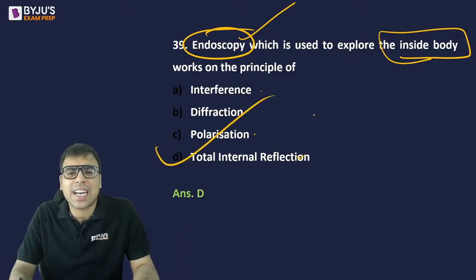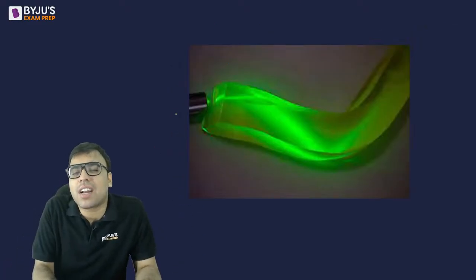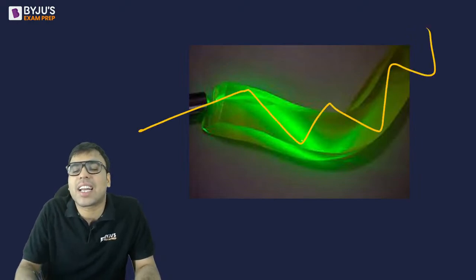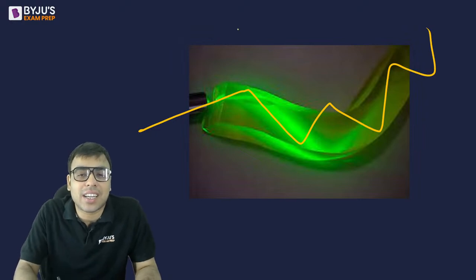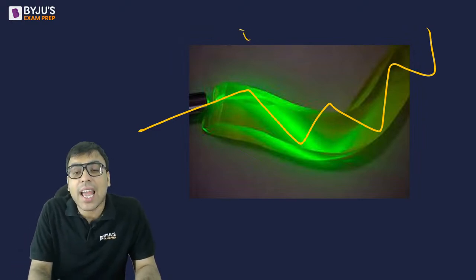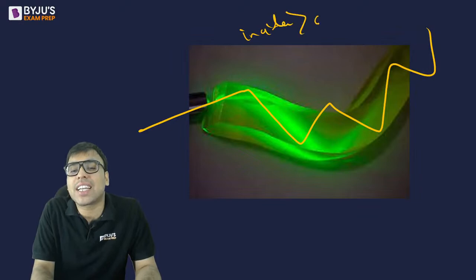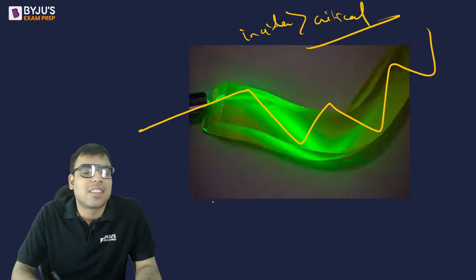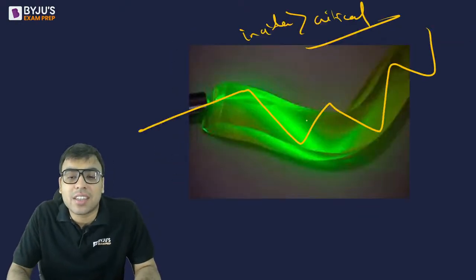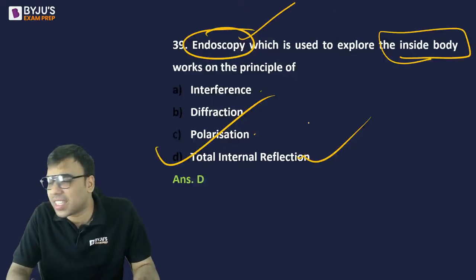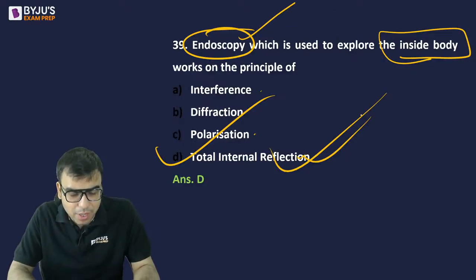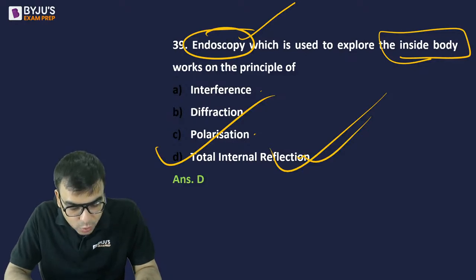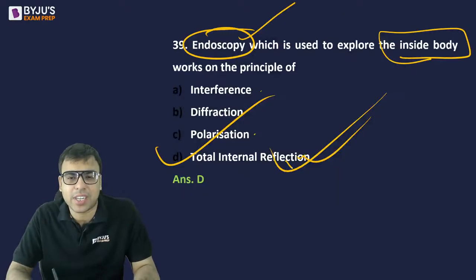Total internal reflection works like this कि लाइट को इस तरह अंदर डाला जाए कि वो अंदर ही रह जाए. If the angle of incidence is greater than the critical angle, total internal reflection will happen. These are the things you are aware of, and so D is the right answer. Shubham, Melia, Rose, Jyoti, Gupta, Shilpa, you are right, so D is the right answer.